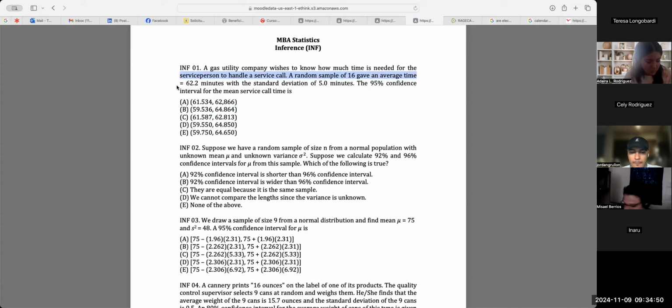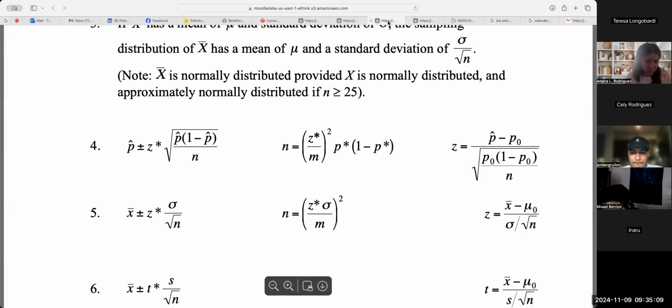A random sample of 16 gave an average time of 62.2 minutes with a standard deviation of 5 minutes. The 95% confidence interval for the mean service call time is, all right, so what are we going to use to solve that problem? Row 4, 5, or 6?